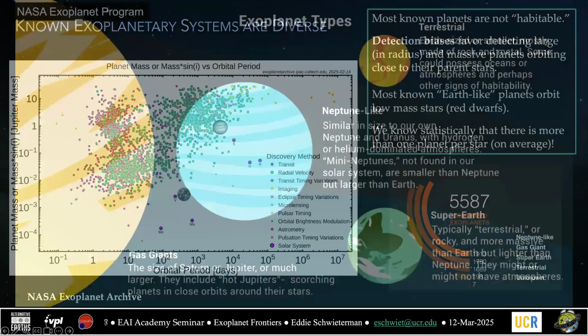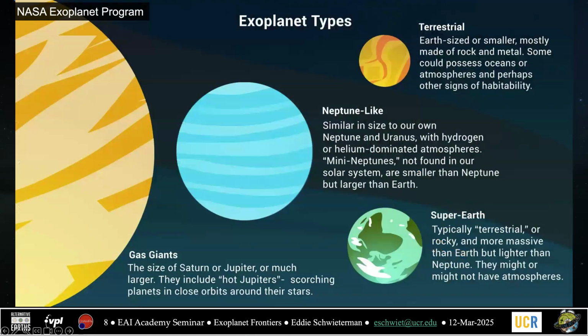So our studies of exoplanets have revealed different planet types. And so this is a summary in terms of the sizes of the exoplanets. The sizes reflect the compositions in many ways. So in order to get the size of Jupiter or larger, planets have to be primarily composed of hydrogen and helium, light elements. And so we see many gas giants that are the size of Saturn or Jupiter.